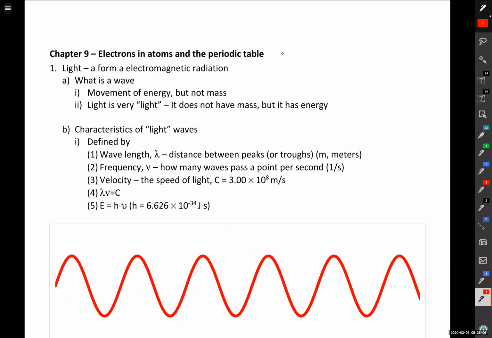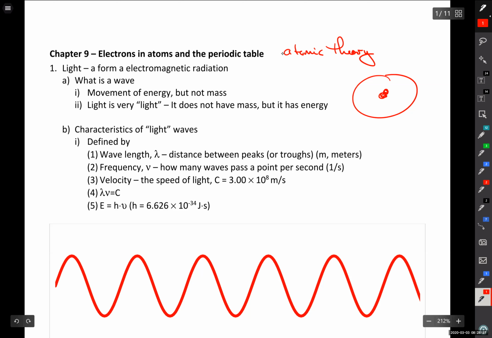Okay, so this chapter is about electrons in atoms and the periodic table. So we have atomic theory, if you remember atomic theory. All right, we have the atom, and there's a nucleus. And so what's in the nucleus?